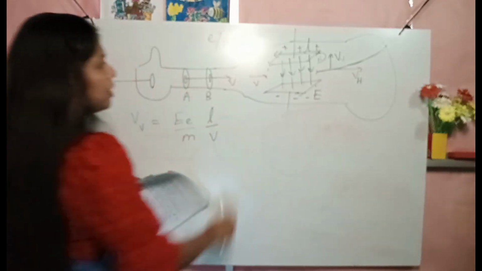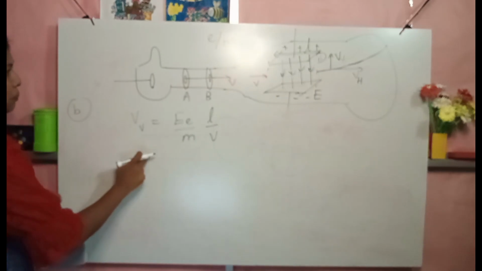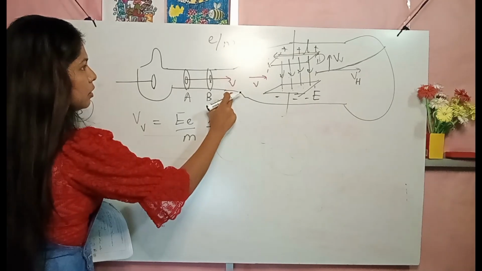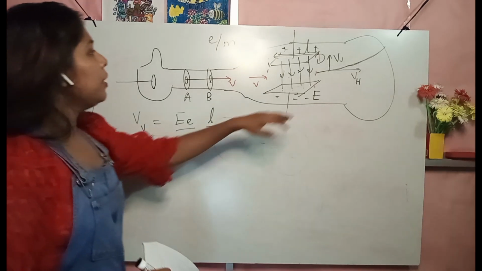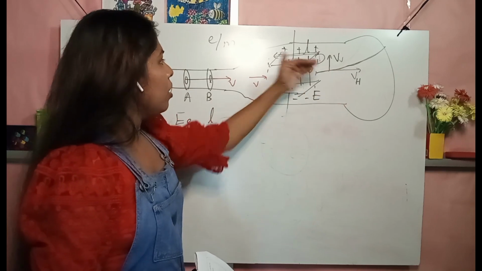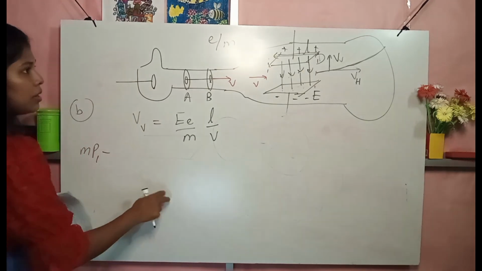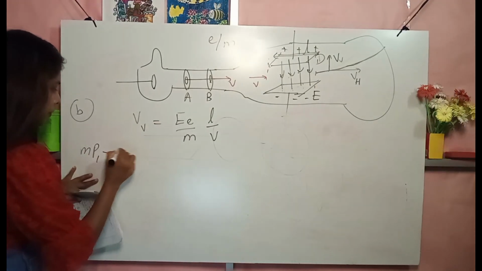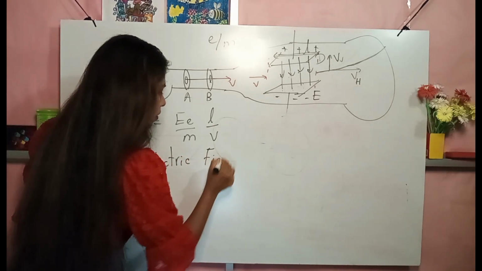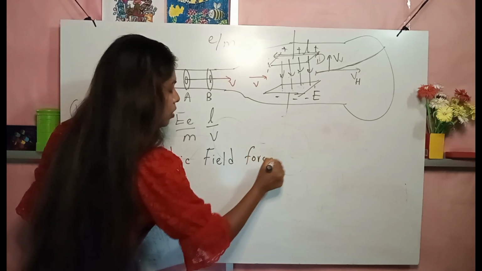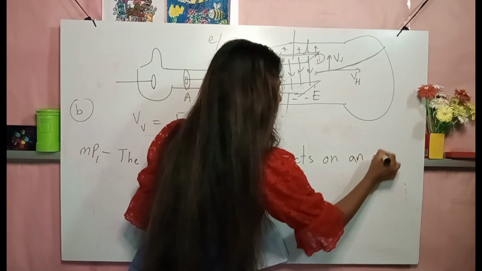To prove this equation, first of all, let's discuss the force which is acting on these electrons. The electric field force is acting on the electrons. The electric field force acts on an electron.